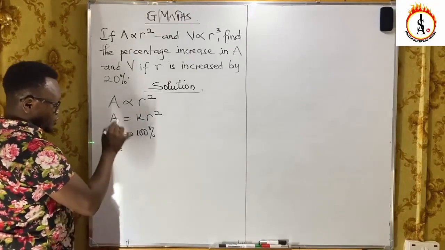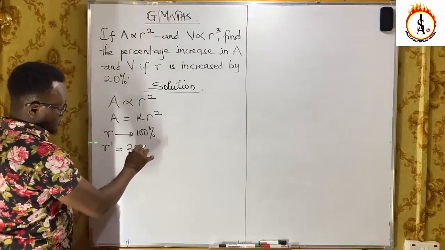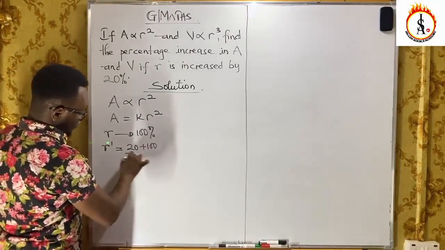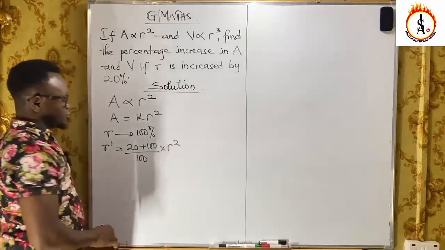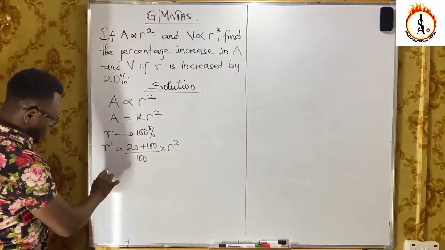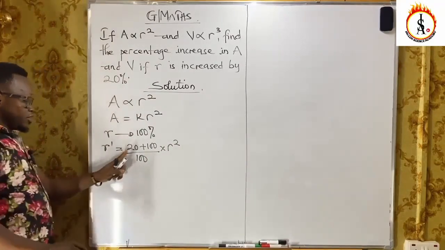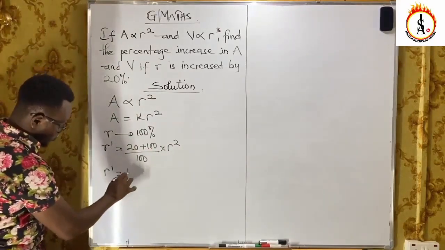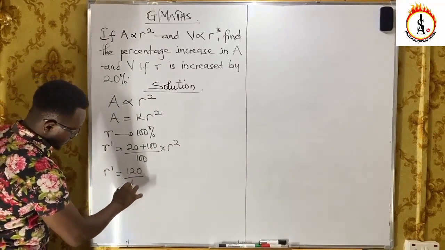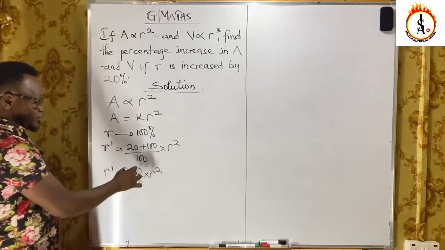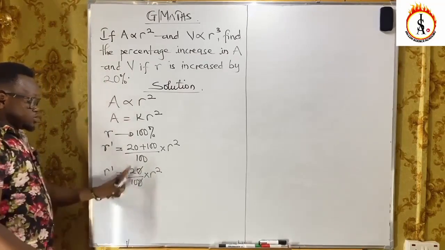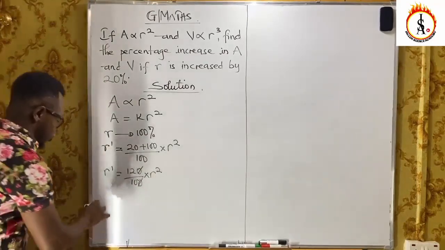It is going to be the increase plus 100 divided by 100 multiplied by the original R. So R prime here will be equal to, this plus this will give us 120 divided by 100 multiplied by R. So this 0 and this 0 cancel, and 12 divided by 10 gives you 1.2.